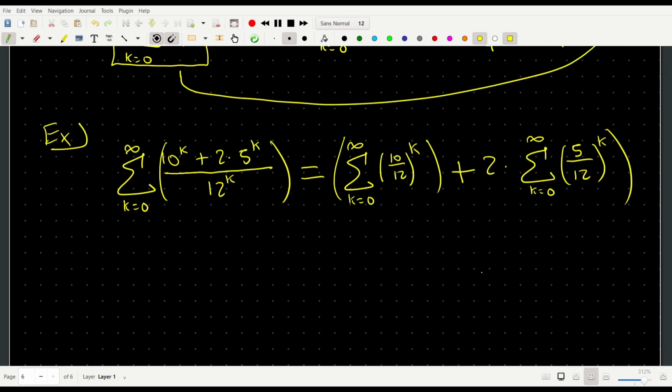This is using the sum rule from those basic summations, the rules that we talked about at the very beginning of the lecture.